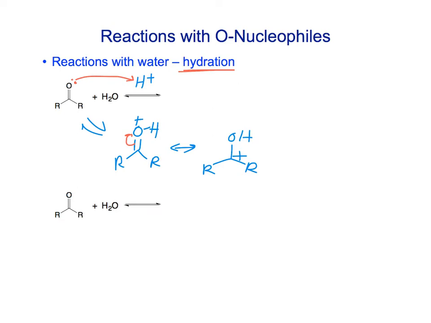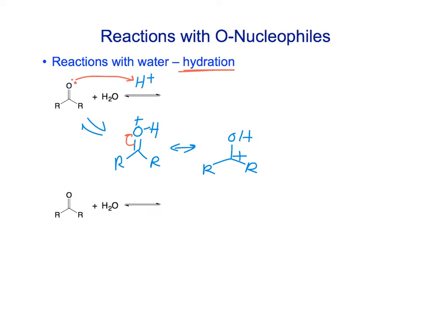By protonating on the oxygen, it increases the amount of delta plus on the carbonyl carbon. It's now electrophilic enough to react with a weak nucleophile like water. Otherwise, water won't react with it very well.